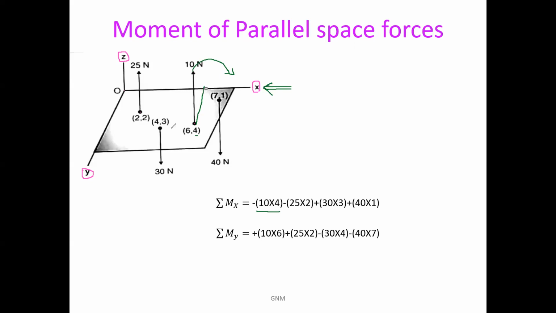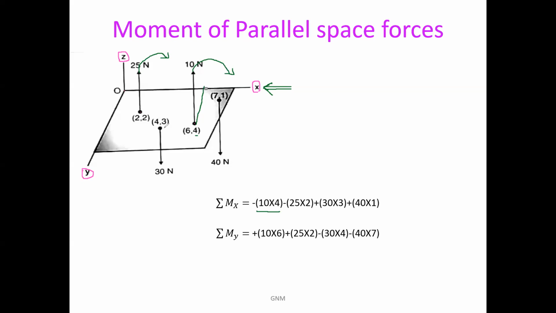Next force is 25 Newton. Its moment will be 25 into 2 meter distance, and it will again rotate about x-axis. If I am looking from this double arrow direction, then it will go clockwise about x-axis. Next force is this 30 Newton.